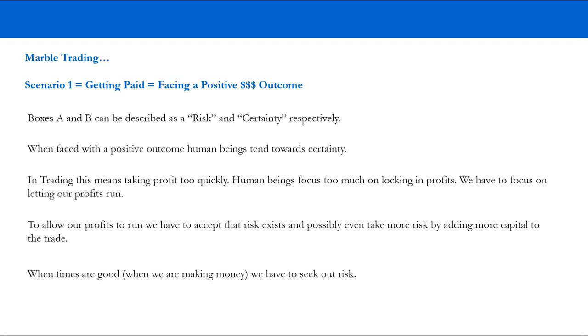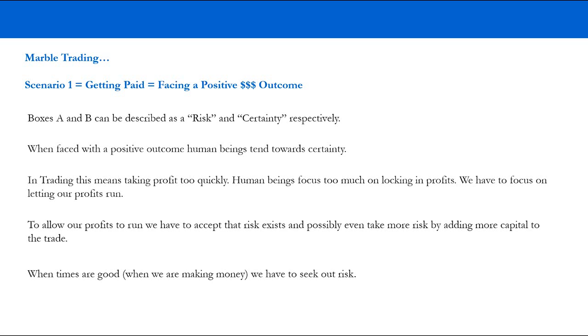So when we have a scenario where we're getting paid, we have to pull from box A, the metaphorical box. We have to pull from box A and keep our position and let it run.